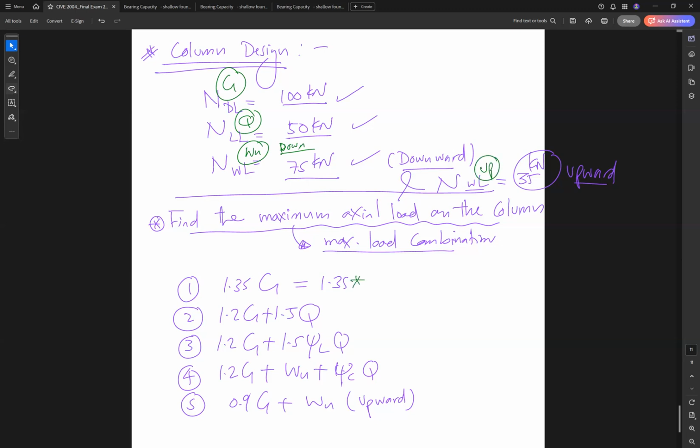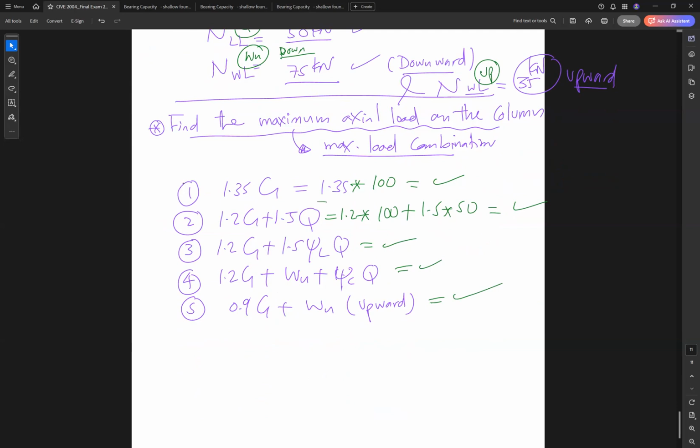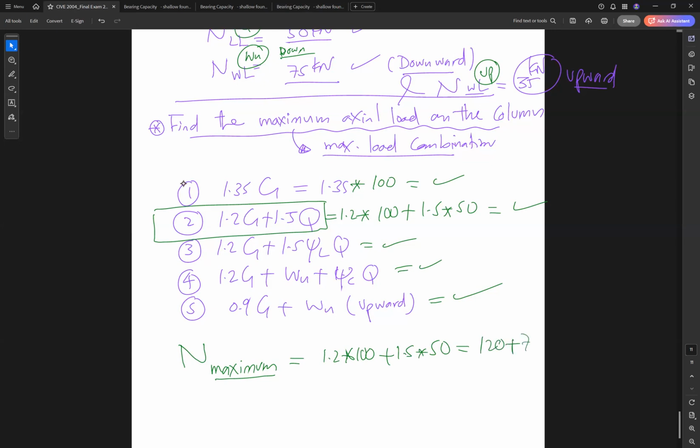So 1.35 times 100; here 1.2 times 100 plus 1.5 times 50, and so on. Then you will get the maximum load combination. For example, N maximum equals 1.2 times 100 plus, just as an assumption, 120 plus 75, so the total is 195 kilonewton.